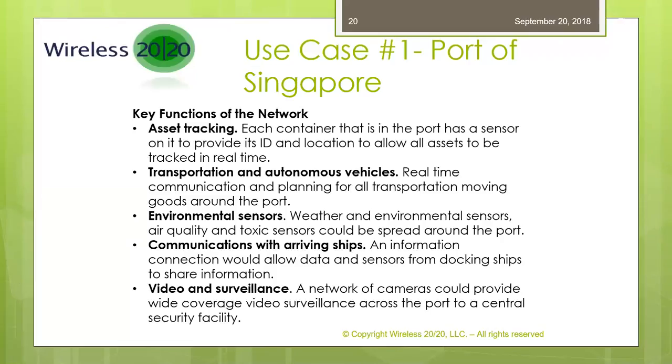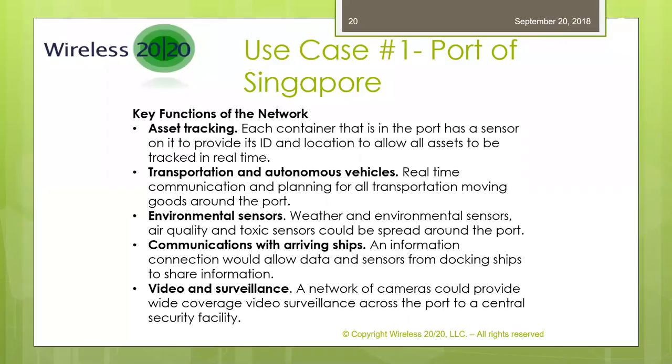We have asset tracking, where each container that comes into the port could have a sensor that provides its ID and location so that all assets can be tracked in real time. Losing containers is, as you can only guess, a near continuous problem. But this tracking capability can make the overall efficiency of the harbor much more effective.